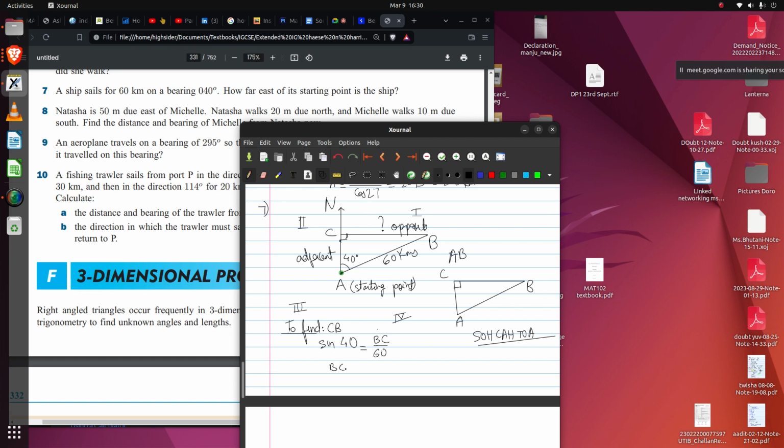And then I think you can easily find BC. So to find BC, can you do sine 40 times 60? Exactly. You'll calculate sine 40 in the calculator, multiply by 60, 38.5. You can round it off to 38.6, no problem.